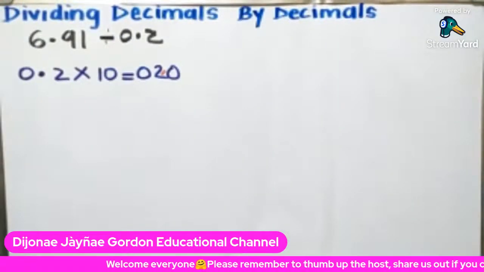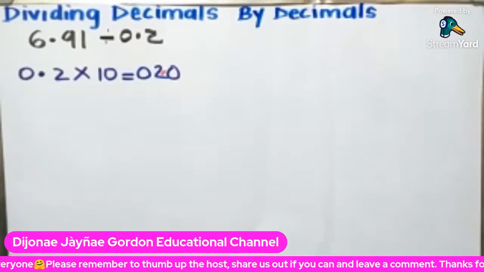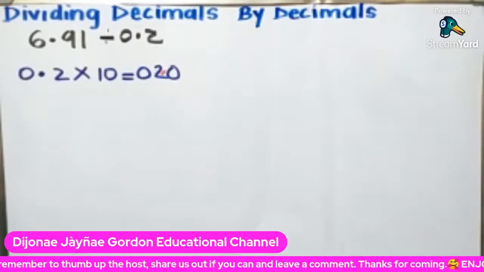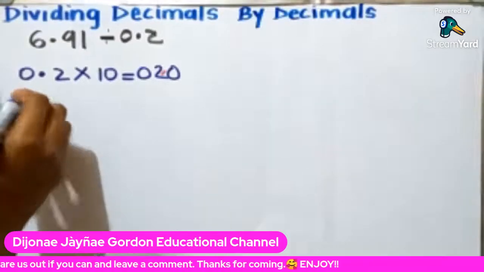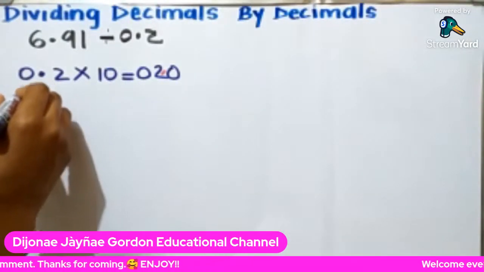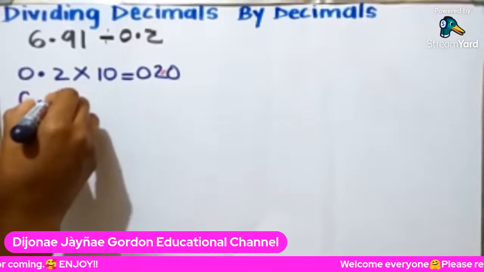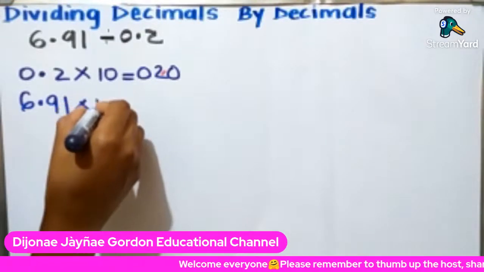Remember, whatever you do to your divisor, you must also do to your dividend. So I'm going to take my dividend and do the same thing. I'm going to multiply by 10. So I'm going to write it here, 6.91, and of course, I'm going to multiply by 10.